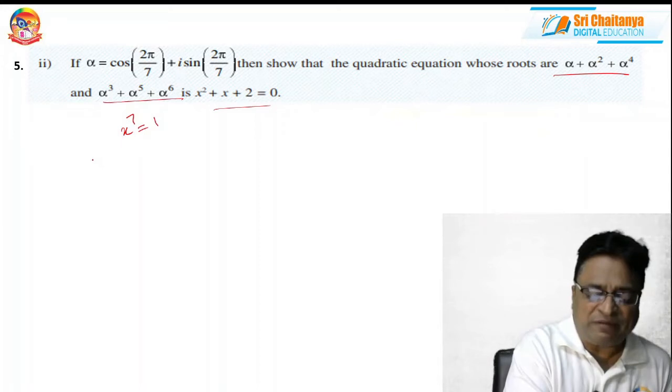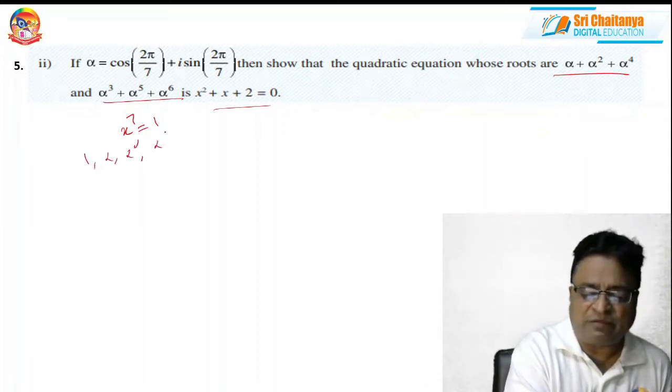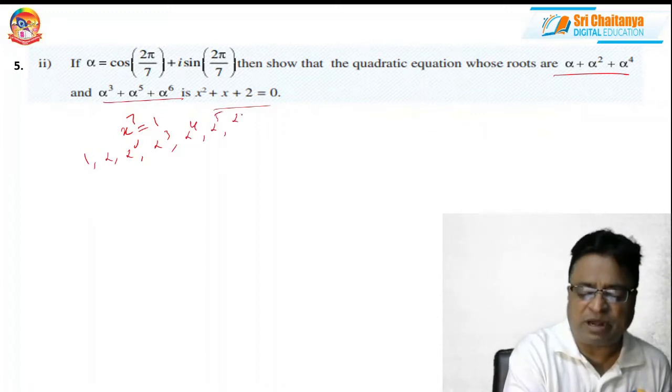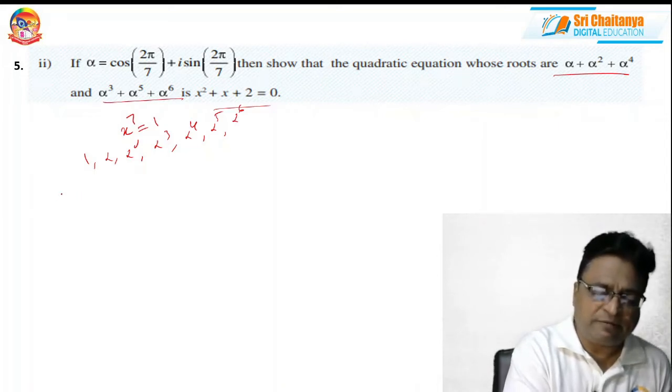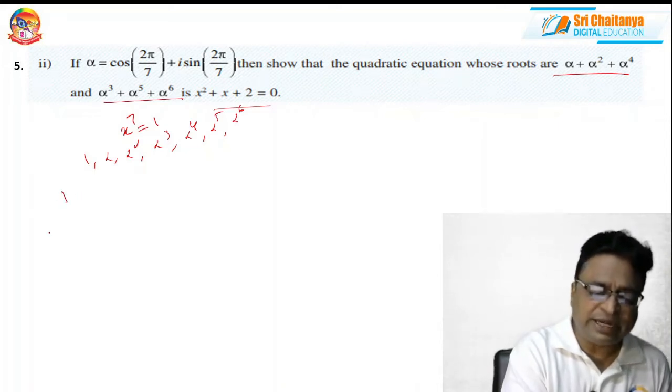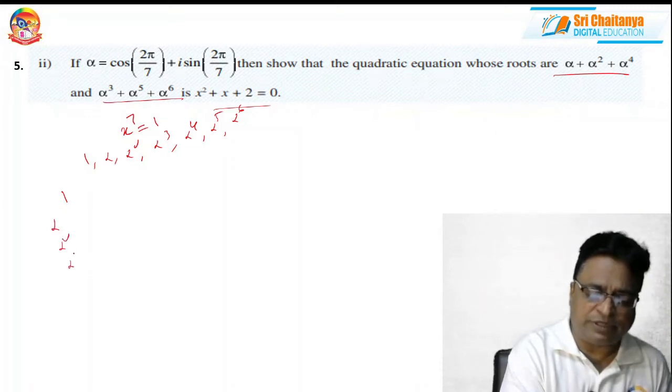So if 1, alpha, alpha square, alpha cube, alpha power 4, alpha power 5, alpha power 6 are the seventh roots of unity, then forget about 1. Then alpha square, alpha cube, you forget about these.